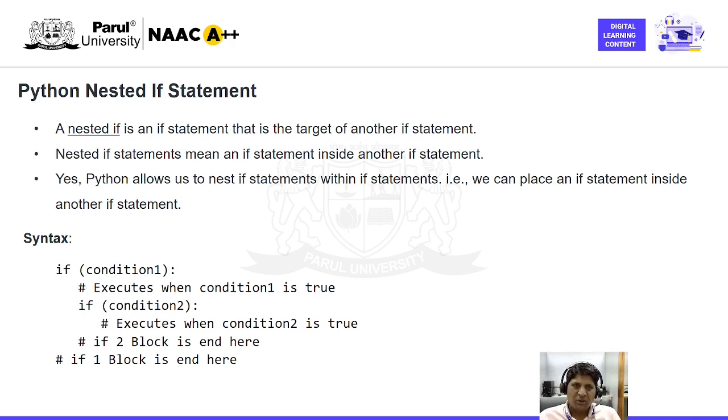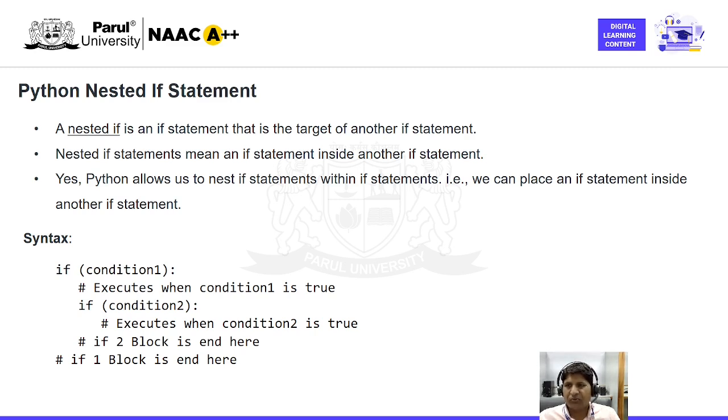The same thing, how does it take place in Python? In Python there is the nested if statement to execute this type of logic. A nested if is an if statement that is the target of another if statement. It means when an if statement is executed, it transfers the execution pointer to another if which is inside the previous one.